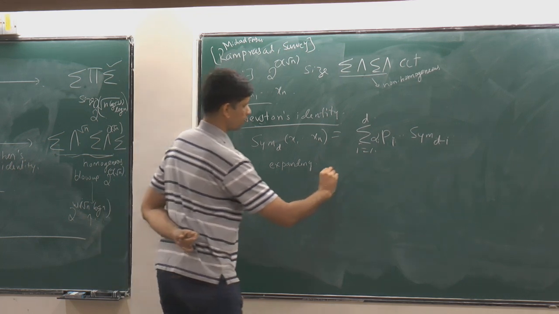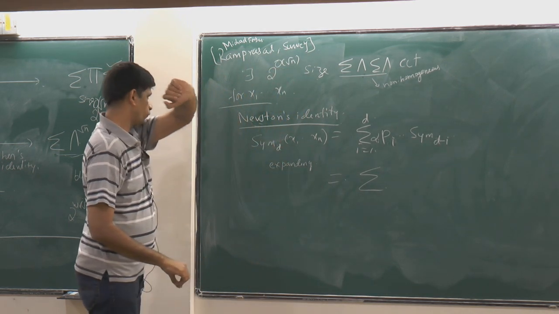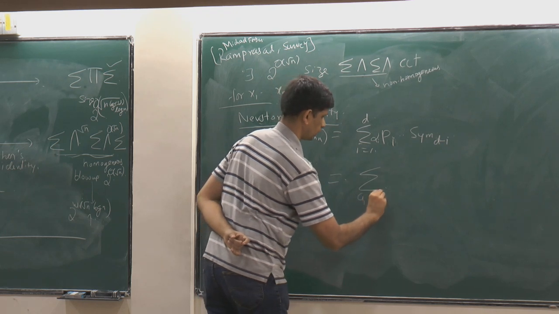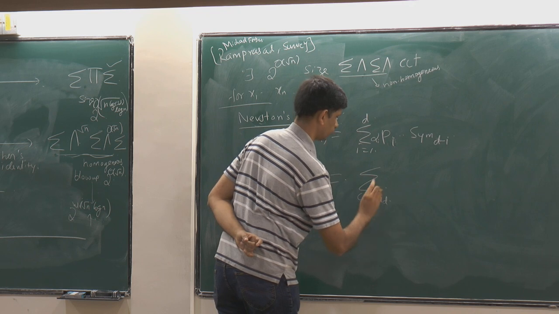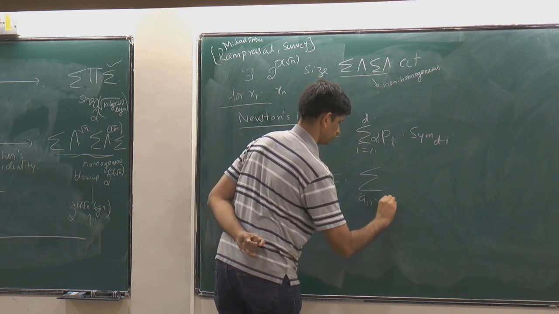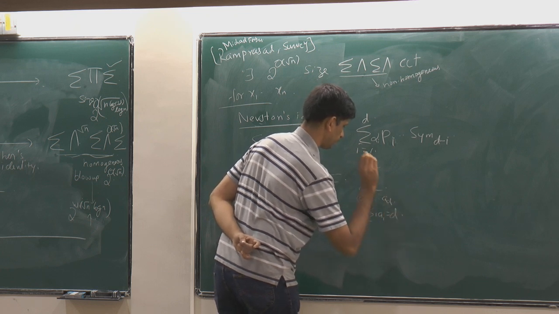Expanding this out, you can write this as a sum of products of power symmetric polynomials, say a1 to ad, such that the overall degree is d.